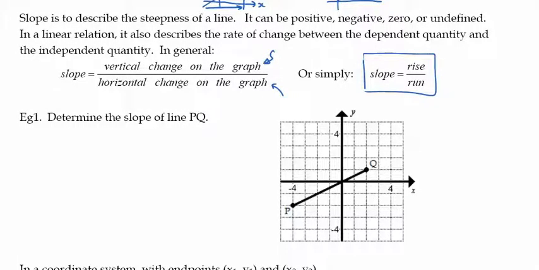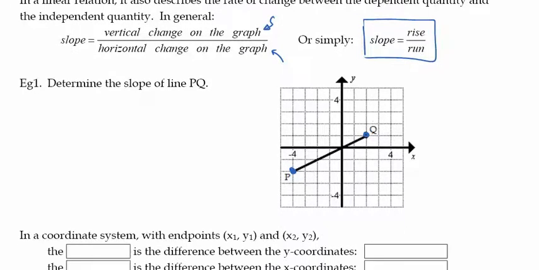So in example number 1, if I want to describe the slope of the line from point P to point Q, I can measure the vertical change of this line compared to its horizontal change.